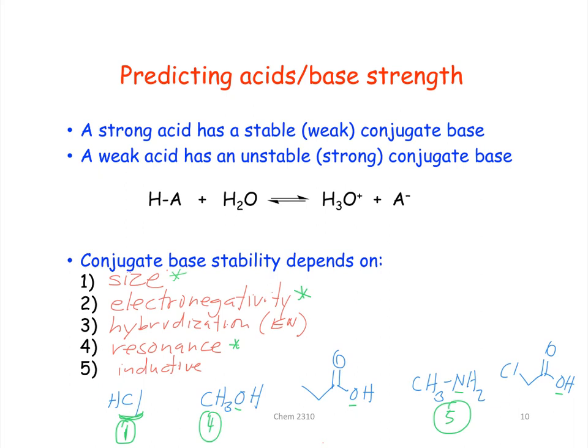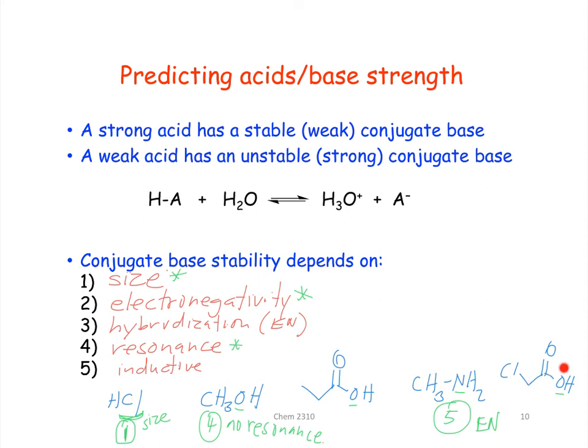So this one we picked based upon size. This one we picked based upon electronegativity. This one had no resonance. The last 2 have resonance, but which one is going to be more acidic? This one or this one?